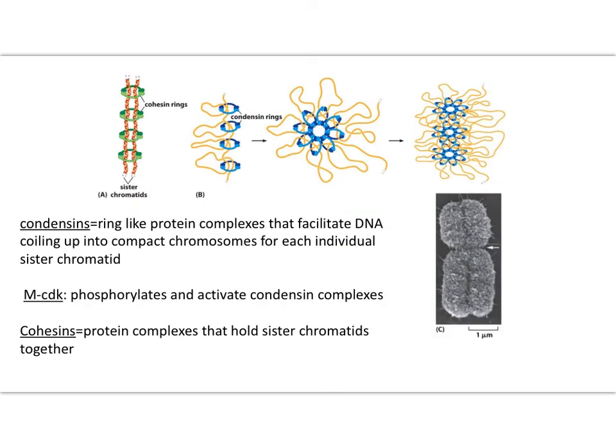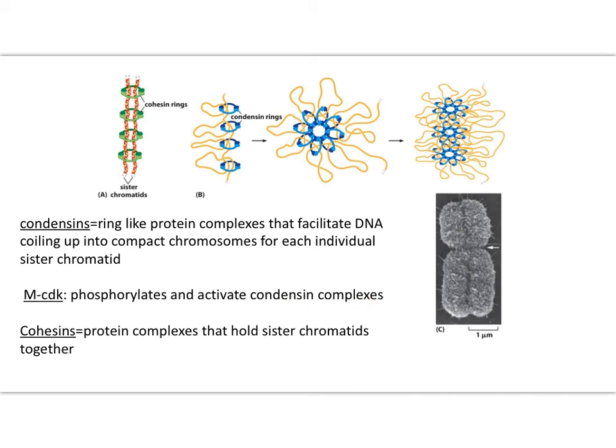So during the M phase, there are two main protein complexes that are going to help the chromosome get into the proper state so that it can be divided up correctly. And those are shown here, one of which is the condensins, the other of which is the cohesins. M-Cdk will phosphorylate and activate the condensin complexes.